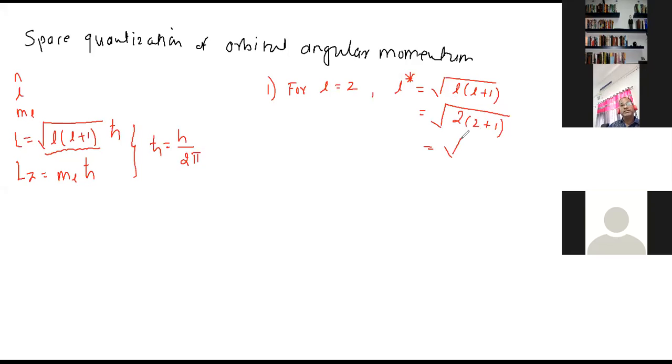How much is it? 6. Square root of 6. What this means is that if I take l is equal to 2, suppose if I take l is equal to 0, 1, 2, 3 like this, I will go for different orbits.